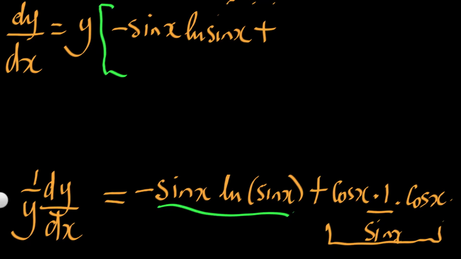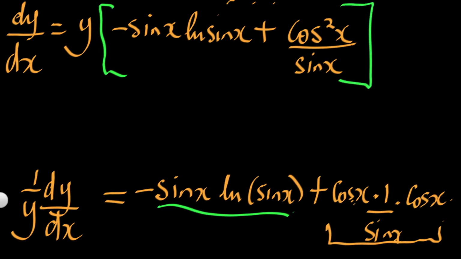It can be written in different forms. You can write this as cot x cos x, because cos over sine is cot x, or you can write it as cos squared x over sine x. So I want to write it in that form. This is cos squared x over sine x. I close the bracket.